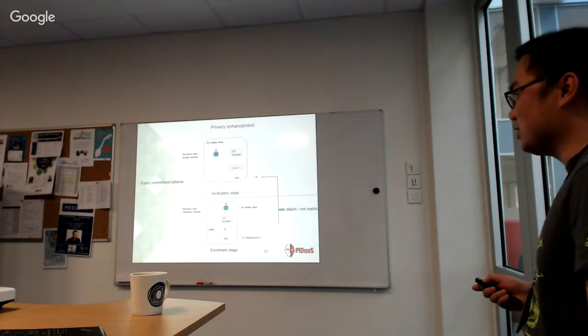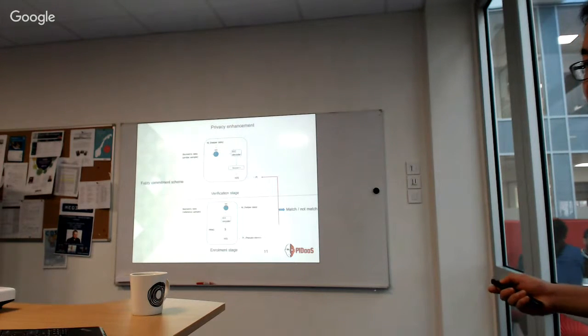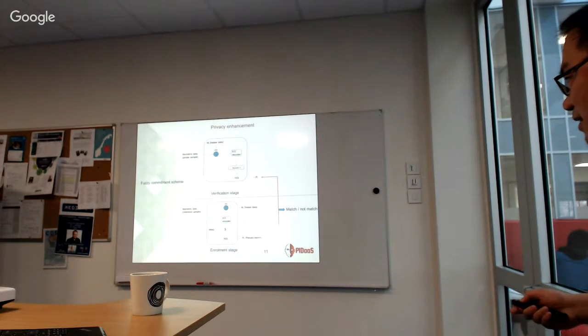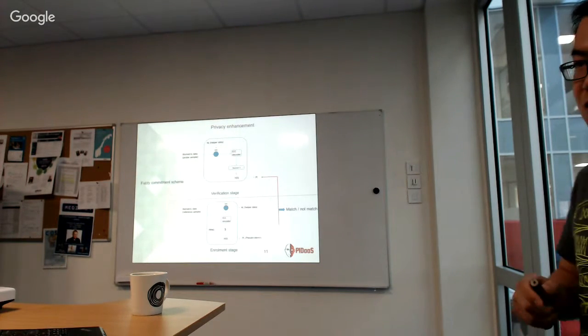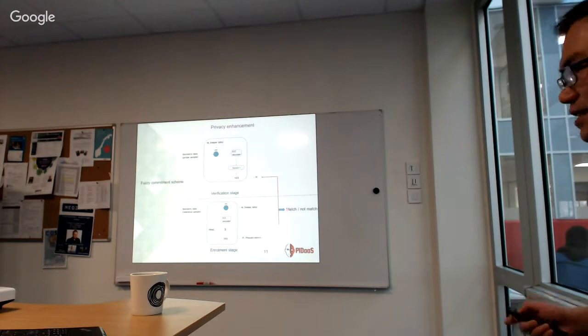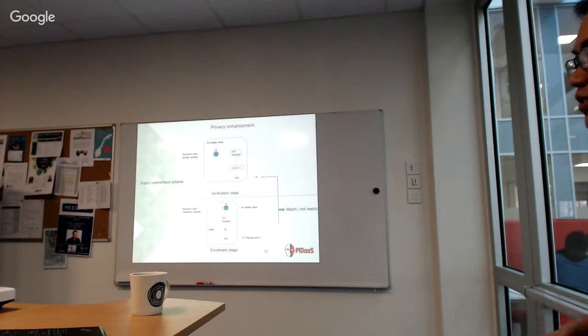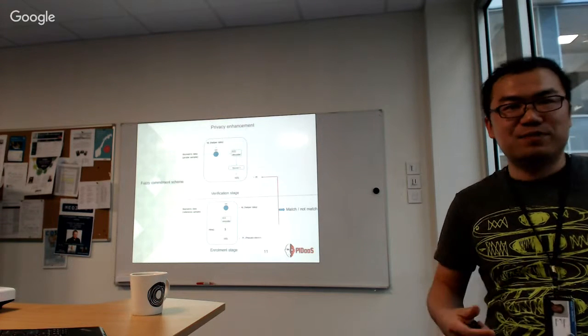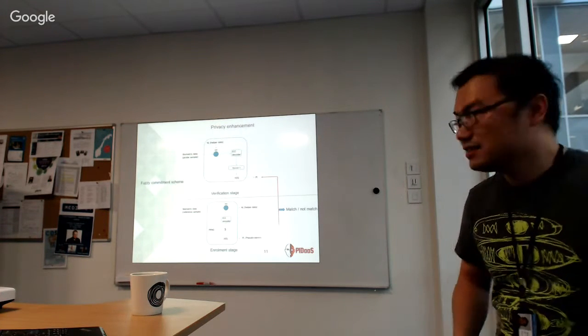So then we do the same hash for this recovered S. Then we can compare with the pseudo identity, which is stored in the centralized database, to have an output: whether these two samples are from the same person or not.